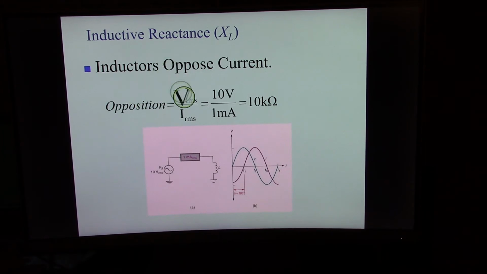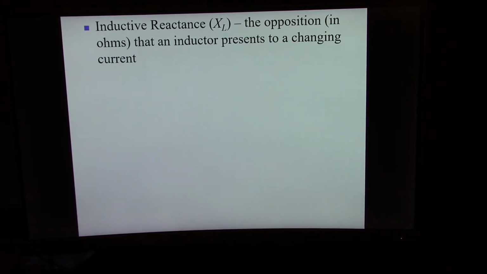Instead of I being voltage divided by resistance, we just turn them around and put resistance up here and current goes down here. So in this case, the opposition will be 10 kilo ohms in this circuit, which means that this device will oppose the flow of current up to this number here. And remember that this happens only when we have a change in current.